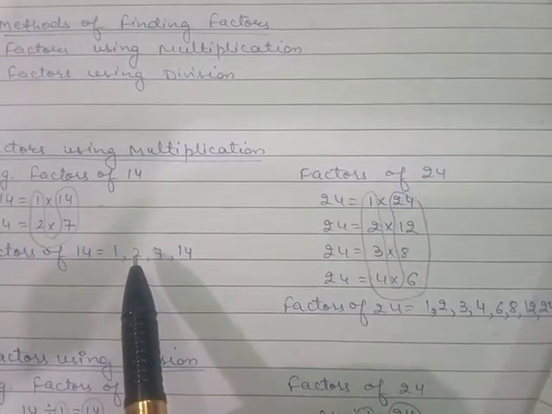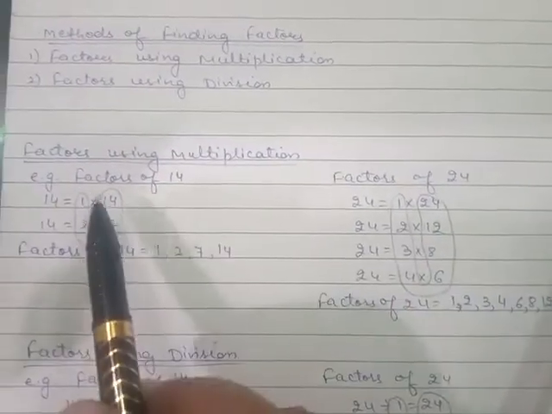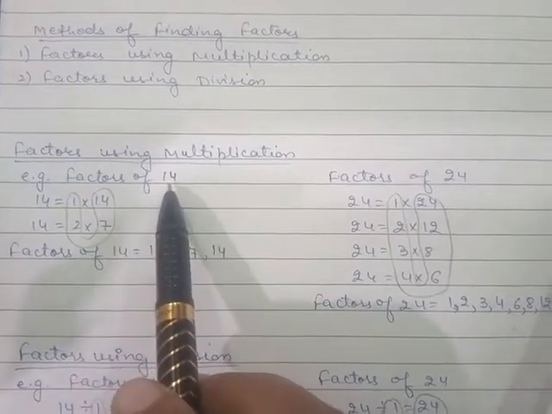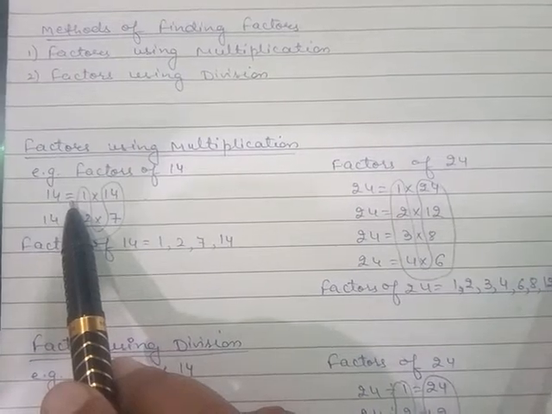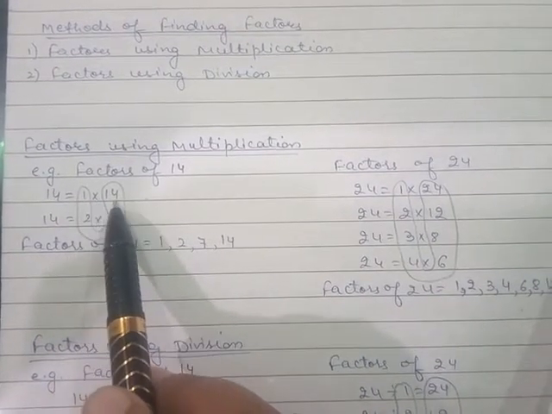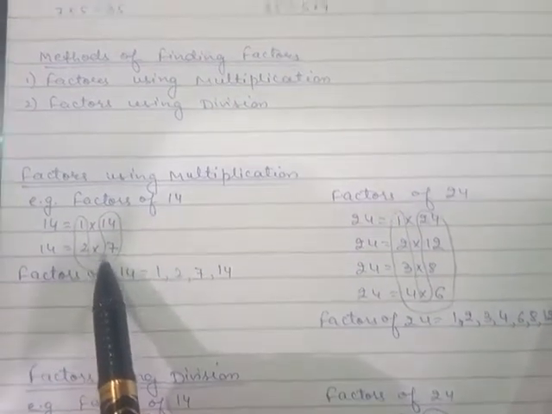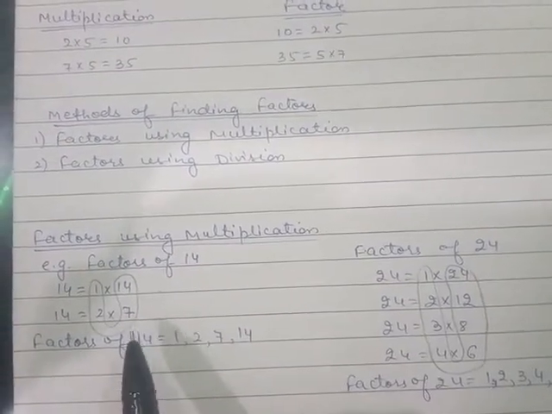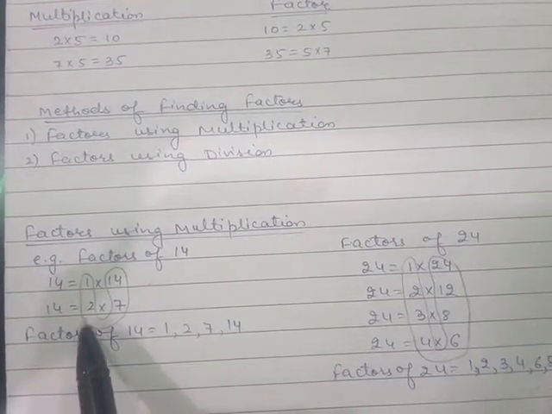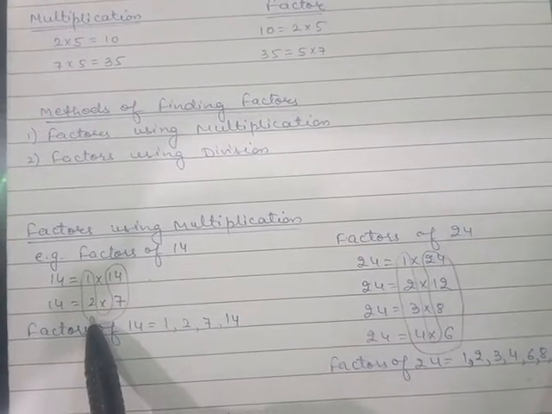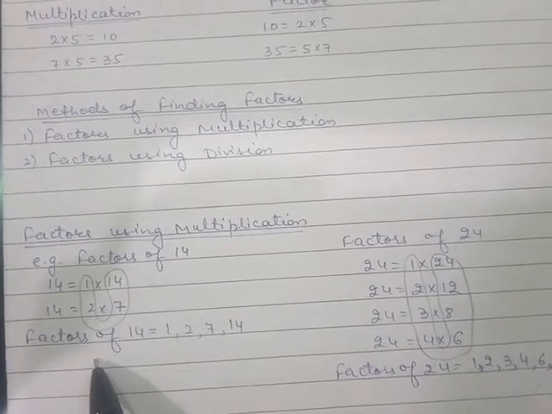If we try to find the numbers whose product is the given number, take one example: factors of 14. Now 14 is equal to the product of which two numbers? 1 into 14. Next step, 14 is also equal to 2 into 7. Now 14 will not come in the table of 3, 4, 5 and 6.